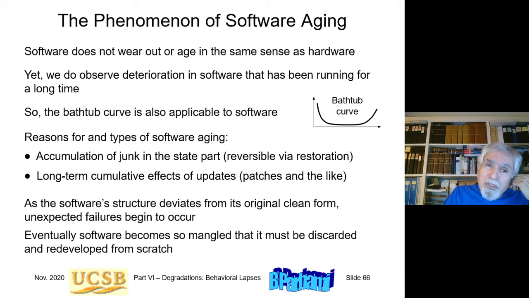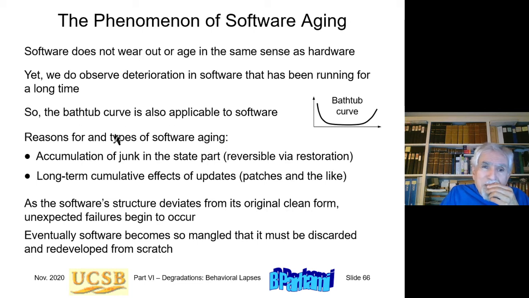Okay, software also ages. Again, this is very counterintuitive, because software, say a word processor, how can it age? Because it's just a bunch of code, and code doesn't change over time. Okay, so what does it mean for software to age?